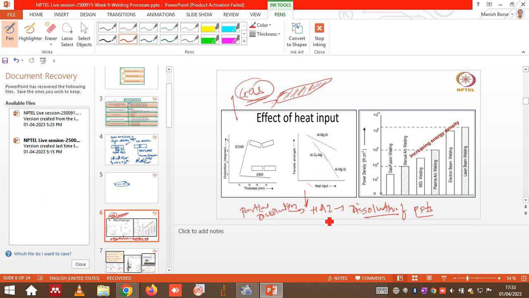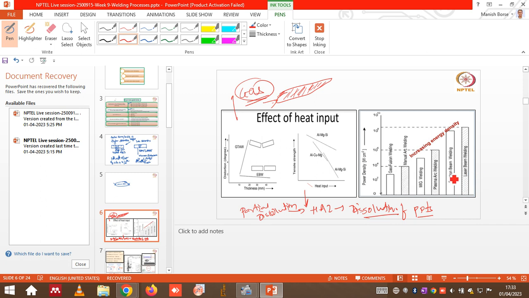Okay, so because of this problem in precipitation hardenable aluminum alloys, by increasing the heat input, the tensile strength of the material will decrease. And we have also seen that by increasing the energy density or power density, these processes are arranged in ascending order.